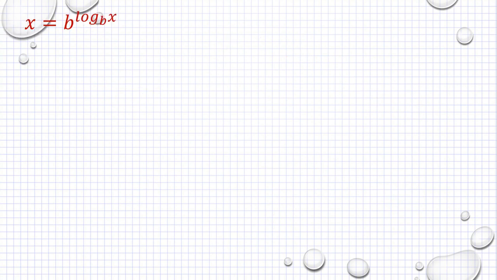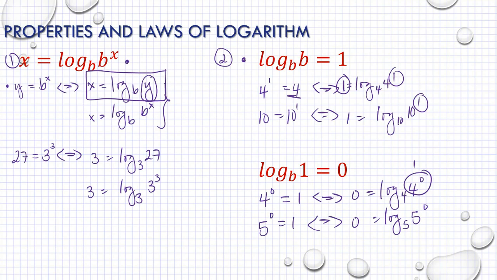Let's see if we have more. This one: x is equal to b raised to logarithm of x with a base b. It should be equal. These are different.